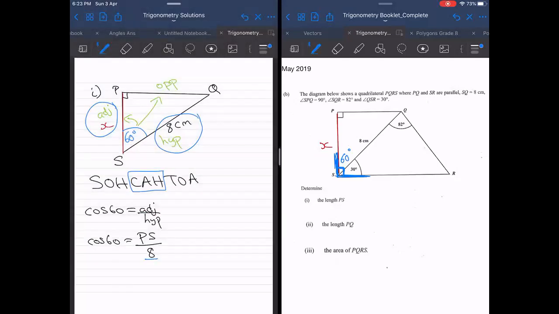And the 8, which is divided, we take it across, we will multiply. And when you put cos 60 in, you'll get a half. Right? So PS is just 4 centimeters.